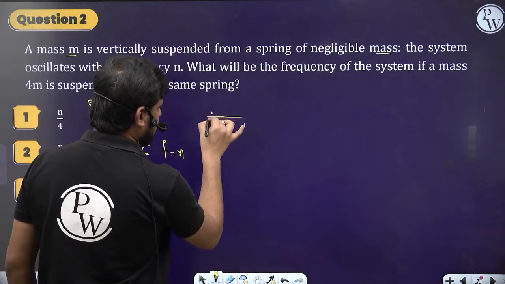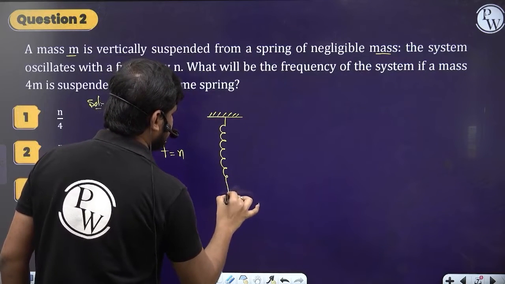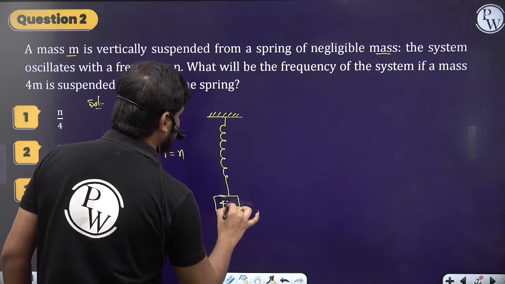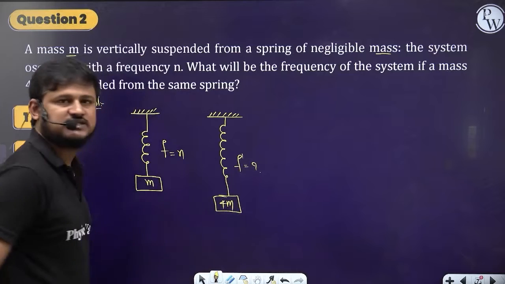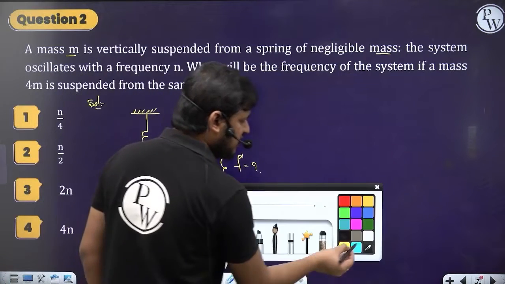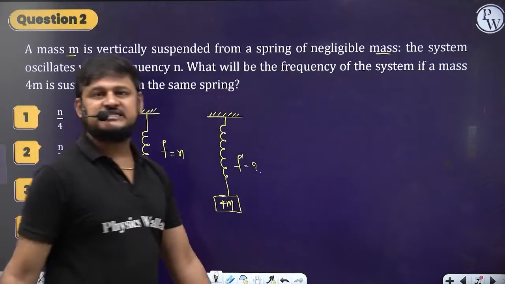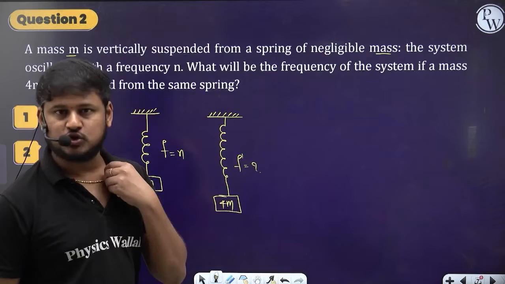So if 4m is attached, this time the mass is 4m. So let the frequency be f dash. So what is this f dash value they are asking? Okay, so how do we find it? So we know that the time period is directly proportional to root m and inversely proportional to root k.